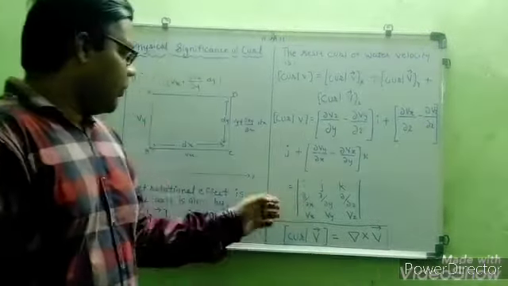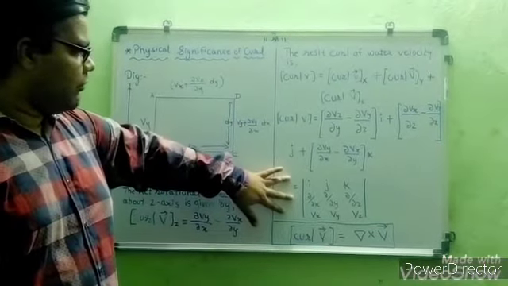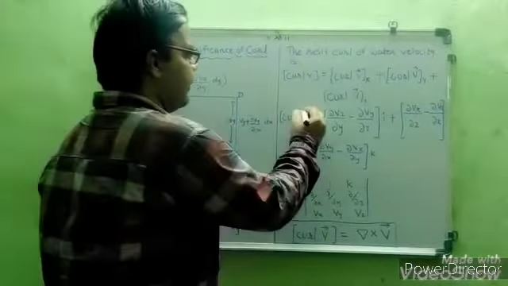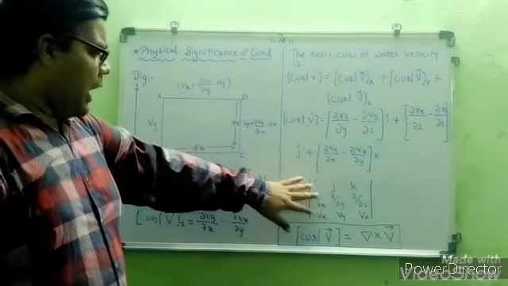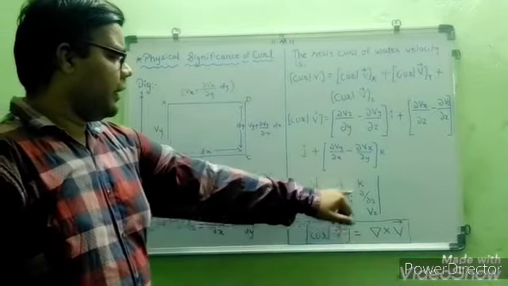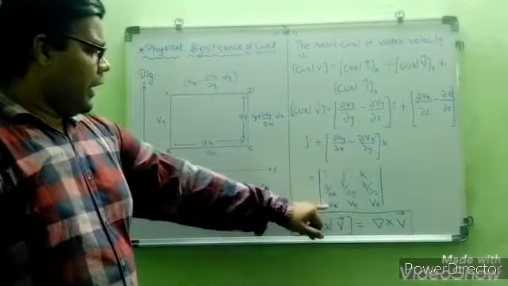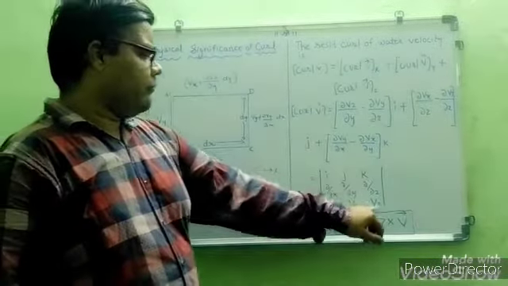Okay. So after that, in this equation, curl of vector V equals a determinant with rows I, J and K; del by del x, del by del y and del by del z; and in the third row Vx, Vy and Vz.